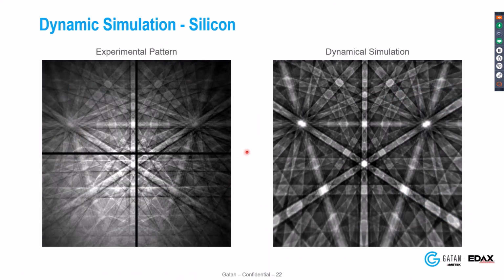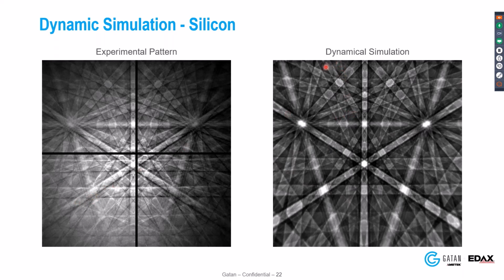So this is just an example. This is from the left-hand side, from silicon, an experimental pattern. This is collected with our Clarity direct detector, and that's why you see this crosshair here. There are 4 different segments to this detector, and it compares to the dynamical simulation here on the right. You can see there's pretty good matching between the two in terms of intensities found in zone axes and the higher order lines seen in different band families.